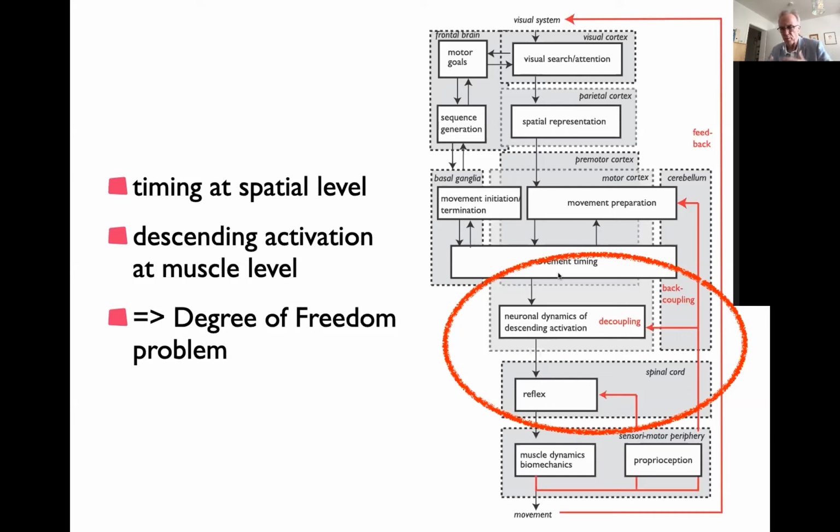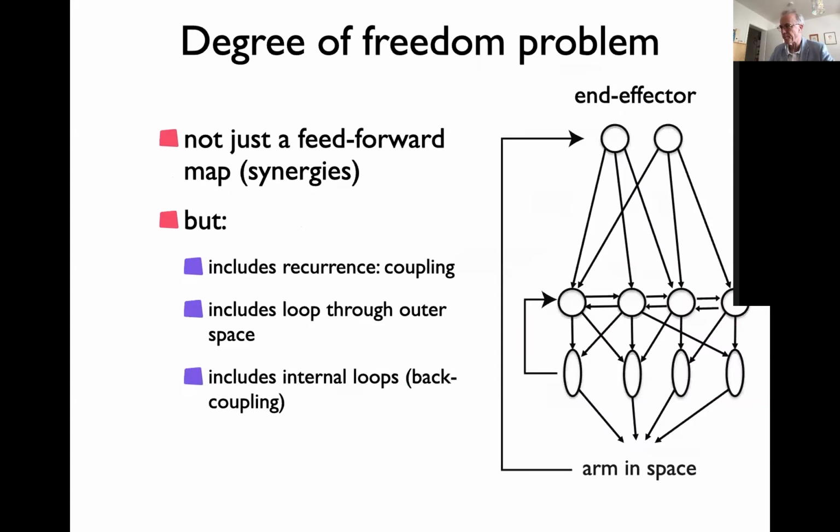The forward velocity. We just assumed it was constant, or it had some very simple dynamics. In all of the hand movement, object-oriented movement, that's not the case. There is timing there, and that timing, you will see in a moment, is really important for the control problem. And the second difference is this degree of freedom problem that I just pointed at.